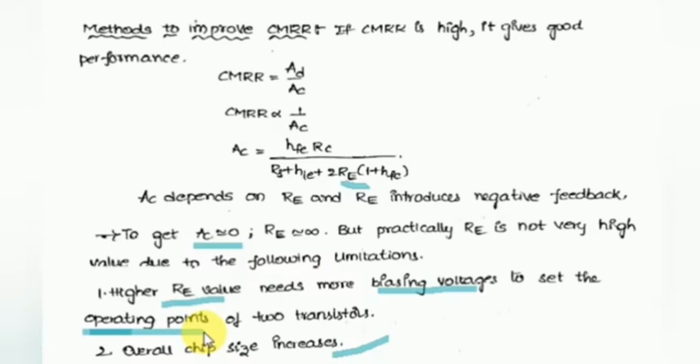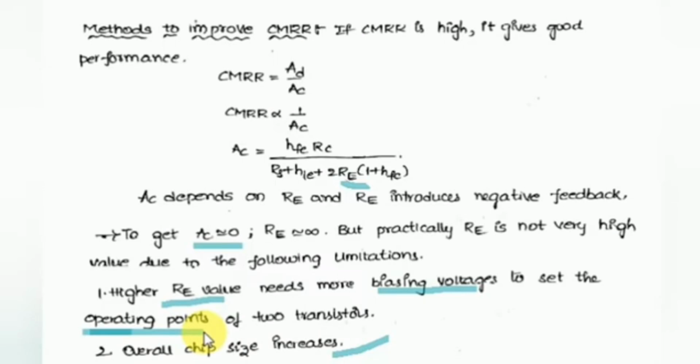So in order to maintain the transistors operating perfectly in the active region, we need more biasing voltage when we consider a high RE resistance value. These are the two drawbacks in trying to improve the CMRR by reducing the common mode gain.